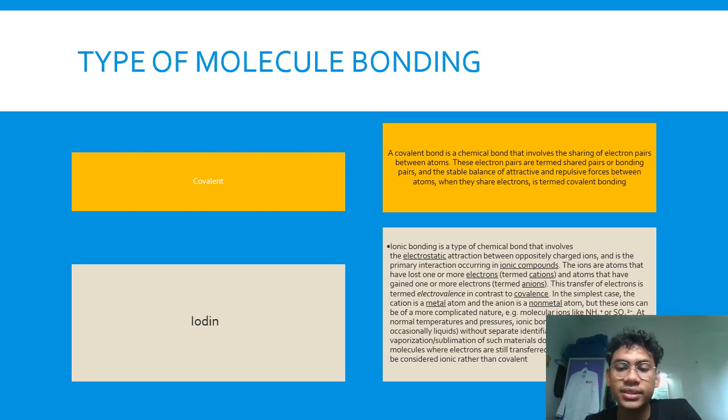The ions are atoms that have lost one or more electrons, termed cations, and atoms that have gained one or more electrons, termed anions.